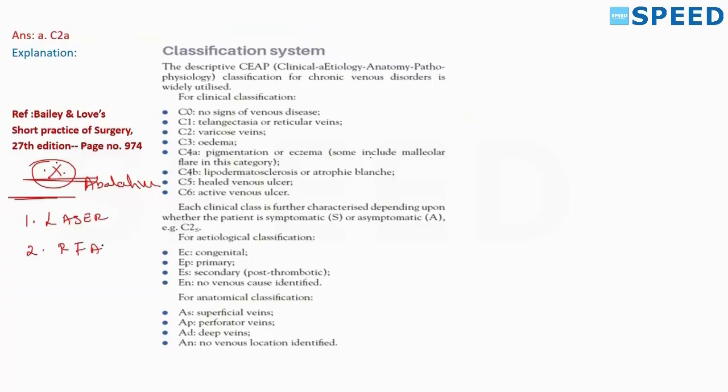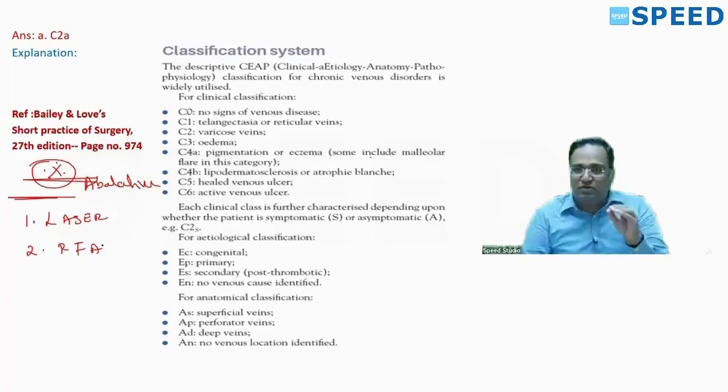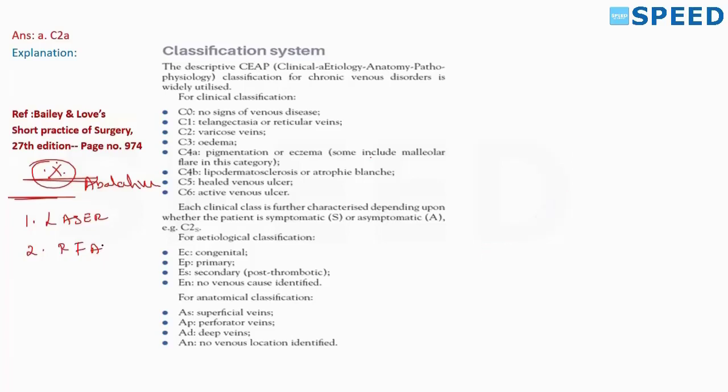You put a laser probe or radiofrequency probe from below upwards, placing it 1 to 2 centimeters below the saphenofemoral junction, and connect the probe to the generator. It ablates the vein, and the endothelium gets inflamed, destroyed, opposed, and fibrosed. So it is an ablative technique.